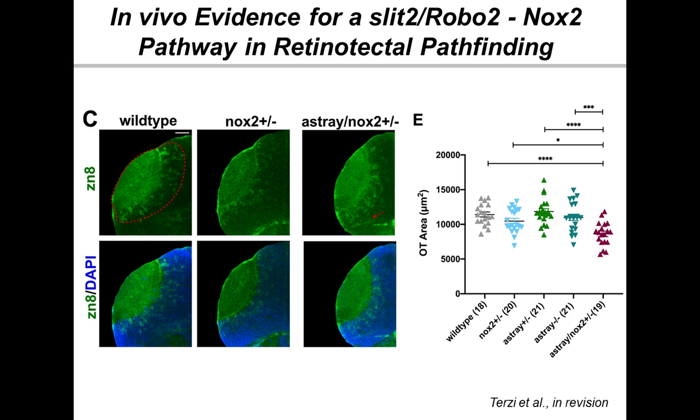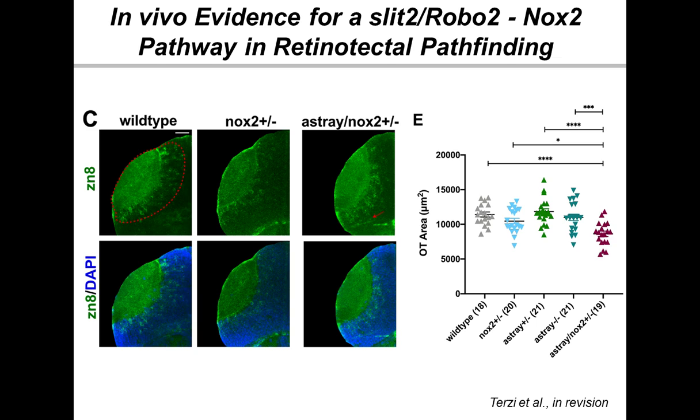So the last set of data is shown here. This is in vivo data again, showing retinal ganglion cell axon staining in the optic tectum, as well as DAPI stain in wild type, Nox2 heterozygote, and also a double heterozygote for Nox2 and the SLIT2 receptor ROBO2, which is called astray. So that's the double heterozygote.